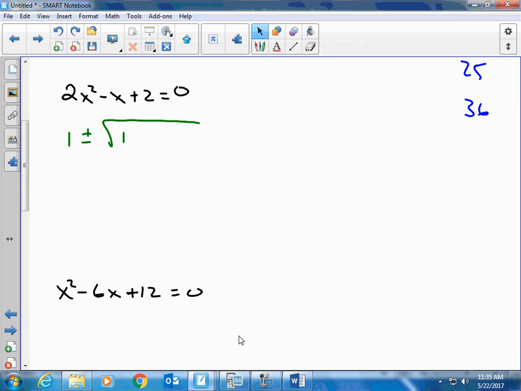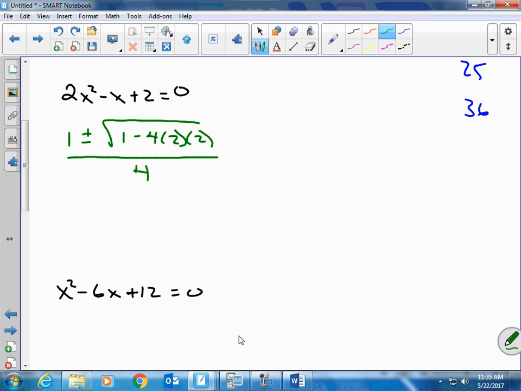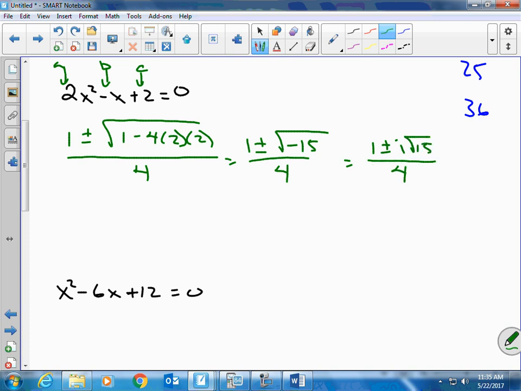Okay? So next step. Negative b plus or minus square root of b squared minus 4 times a times c all over 2a. B with the sign, and C. All right, 1 plus or minus the square root of a negative 15 all over 4, which equals 1 plus or minus i square root of 15 all over 4.